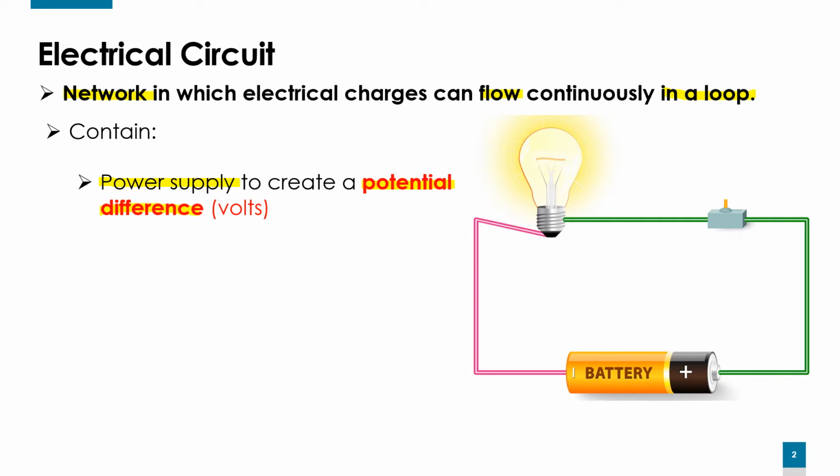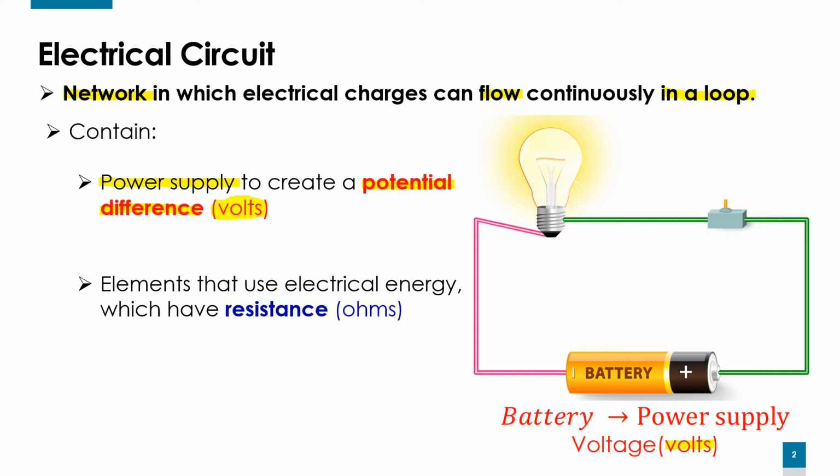Remember that you measure it in volts. If you have no idea what I'm talking about, please refer back to the previous videos where I talk about potential difference, okay? So the power supply in this case is the battery, and it provides a potential difference that I measure in volts. Potential difference is the same as voltage, which we measure in volts.